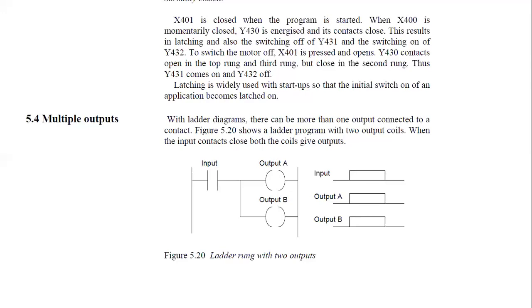We have the output A and the output B. That is the ladder diagram, figure 5.20. And you're told there can be more than one output connected to a contact, that is an input. And figure 5.20 shows a program with two output coils. And when the input contacts close, both the coils give outputs. So these are two outputs or two coils that are operated simultaneously by one contact, by one input.